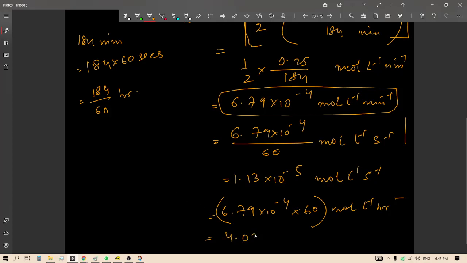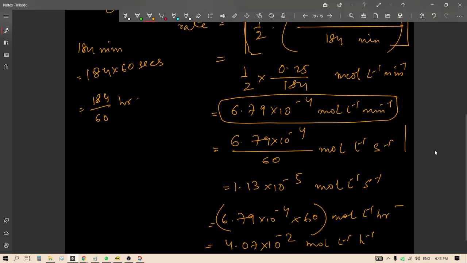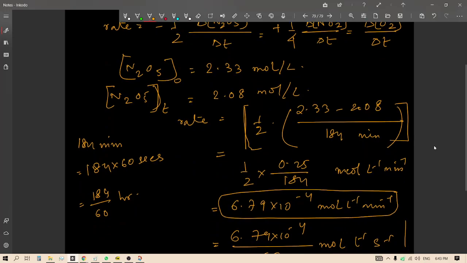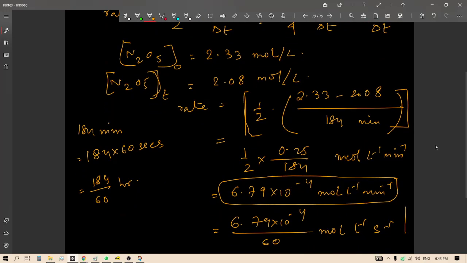This is 4.07 into 10 to the power minus 2 mole liter inverse hour inverse. So this is how we can find out my average rate of reaction.